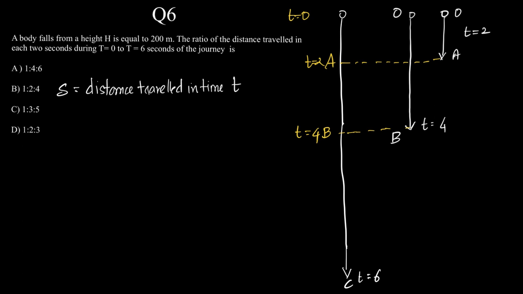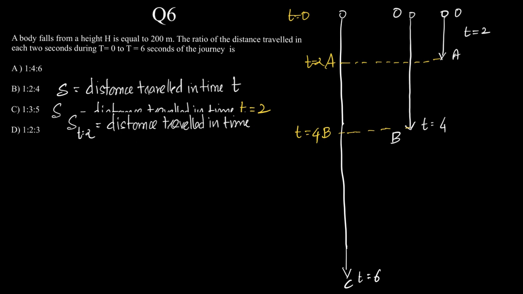So what is S at t is equal to 2? S at t is equal to 2 is the distance traveled in time t is equal to 2.